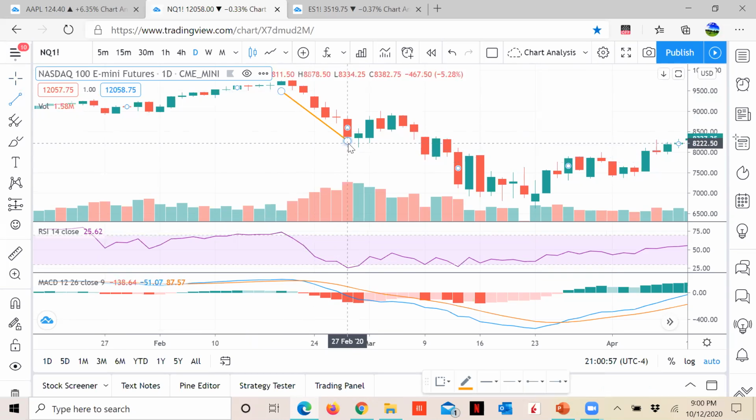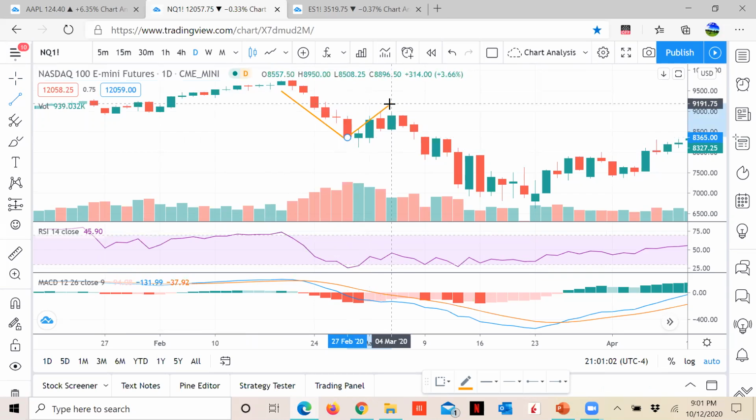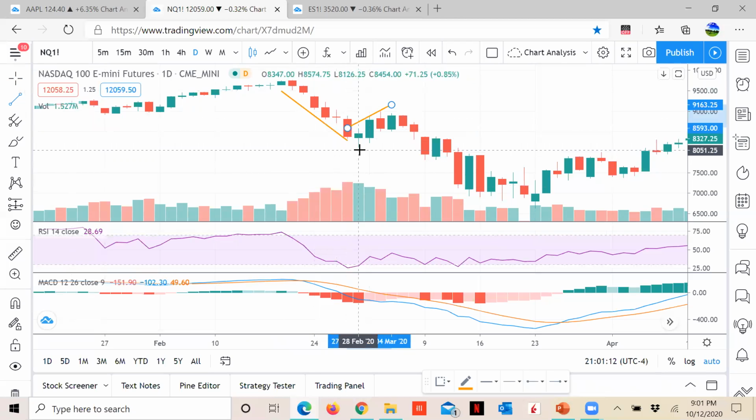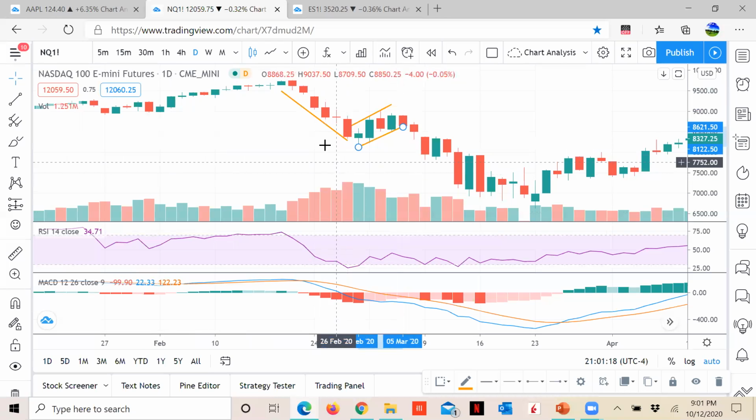To have a consolidation channel, two trend lines. So flagpole, two trend lines forming a consolidation channel.